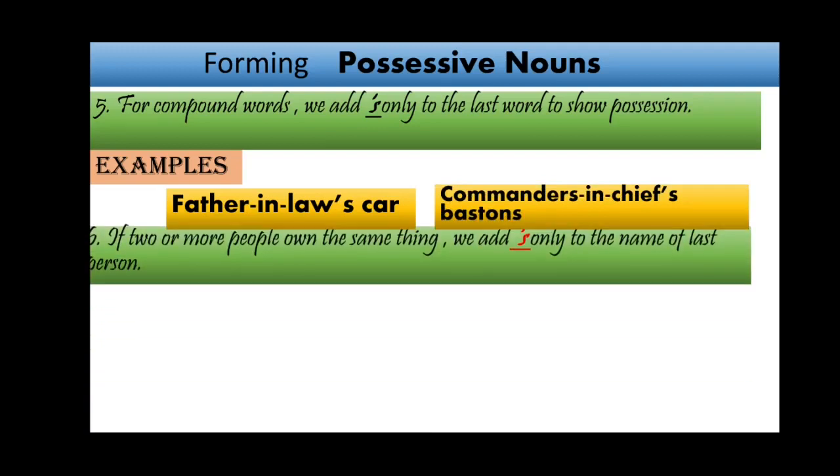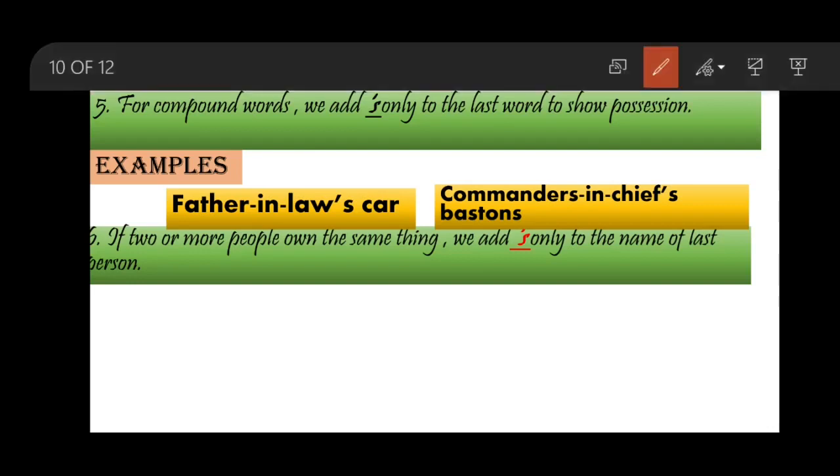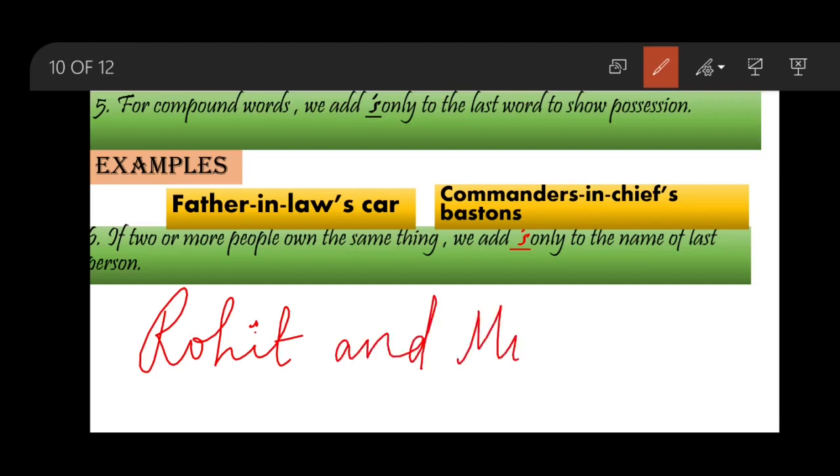Let's have a look at the sixth one. If two or more persons own the same thing, we add apostrophe s only to the name of the last person. Like there are two students in the class and they share a single teacher. Suppose Rohit and Mohit, teacher.